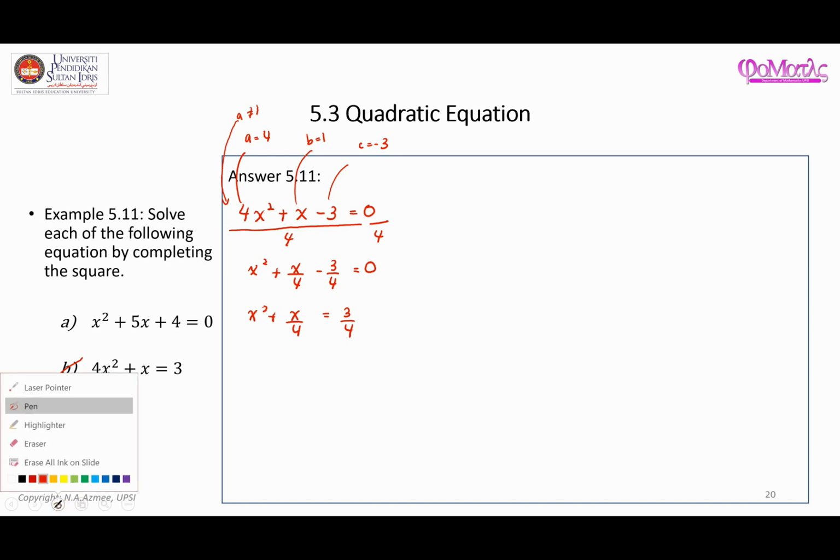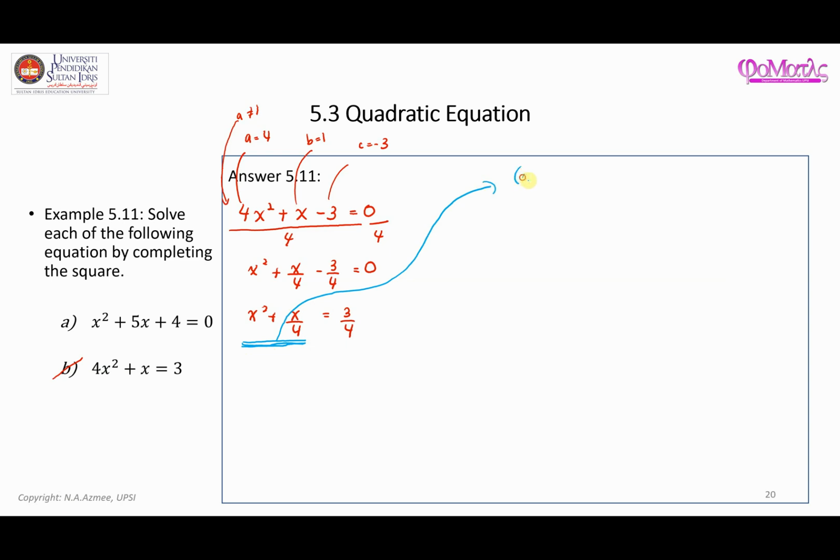So the idea of completing the square is that you need to replace this expression on the left hand side of the equation with something that looks like x plus a number, which you can call p, and you square it. So how do we choose the number p over here?